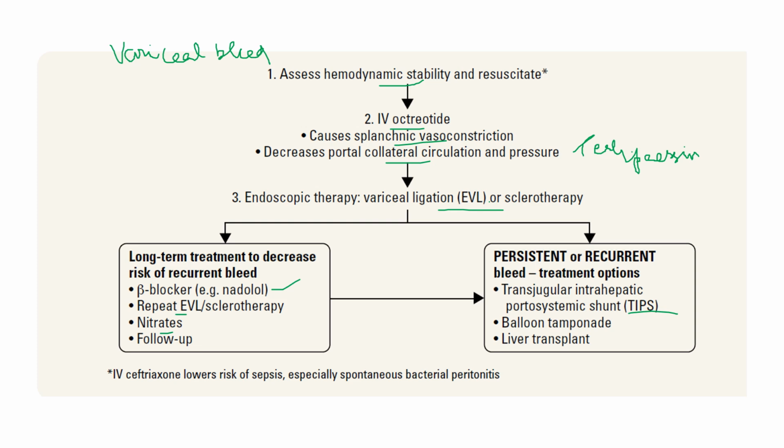The portal vein is being shunted to the systemic vein, so that the variceal bleed can be managed. One of the commonest complications of this TIPS procedure is encephalopathy. Post-TIPS encephalopathy is one of the commonest complications. You can go for a balloon tamponade or a liver transplant in severe cases.